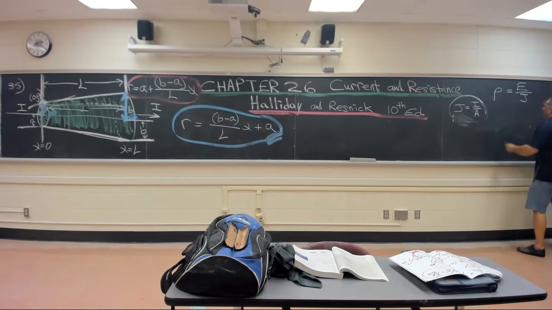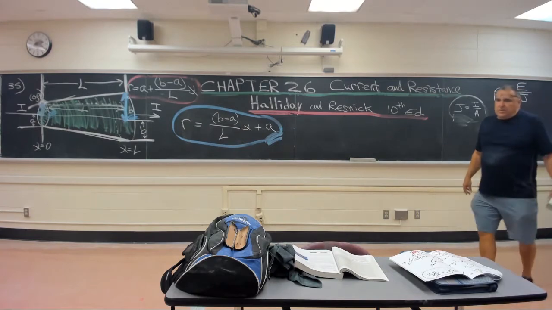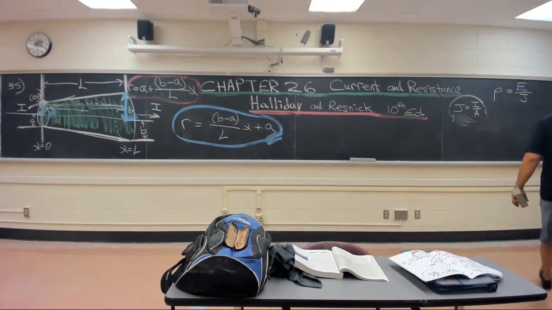Let's talk a little bit. Resistivity is directly proportional to the E field divided by the current density. What does that mean? Well, there's not a lot of resistivity if there's a lot of current going through.